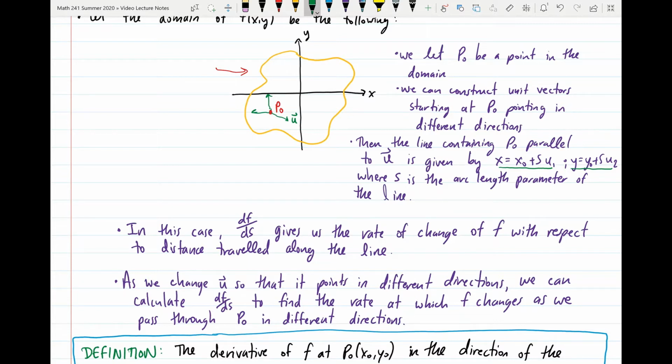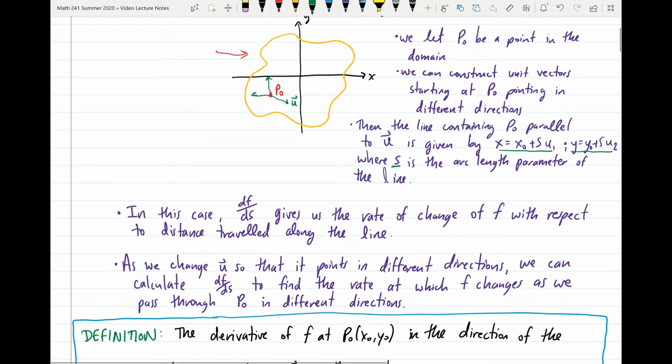And notice that I've used the parameter s here because I'm specifically referring to the arc length parameter of the line. So recall from section 13.4 that the arc length parameter tells us how far along the line in a certain direction we have traveled.